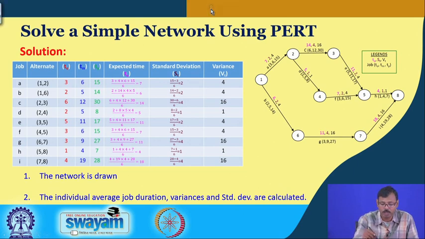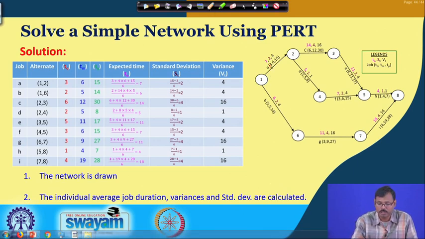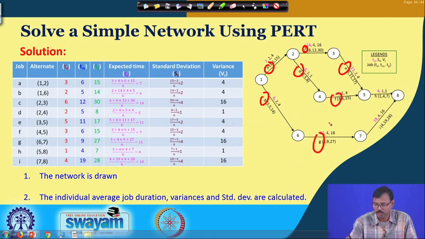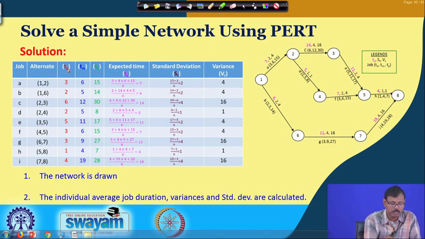This is the network we have drawn, and we have attributed the names to all the jobs: A, B, C, D, E, F, G, H and I. These are the jobs, and their optimistic, most likely and pessimistic values are given.